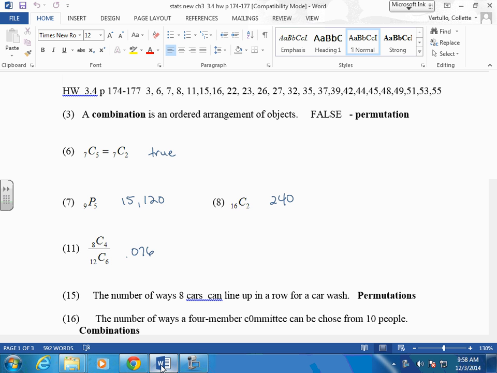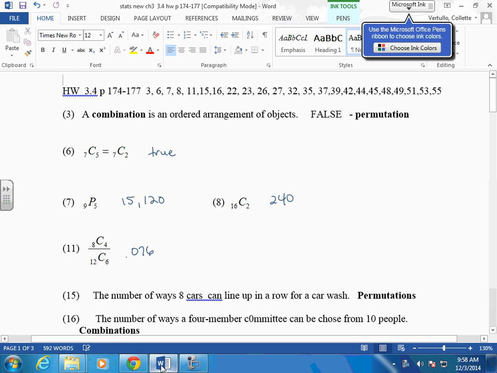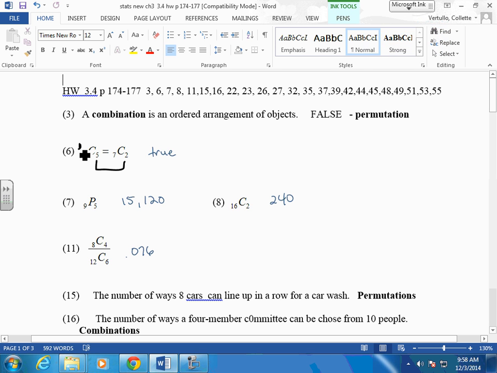This one right here. Did you get true for this? You can put it in your calculator to check, but the rule is this. They both come to the same thing. If these two add up to the end, then it matches. So if I do 7C4, what is that equivalent to? 7C3.